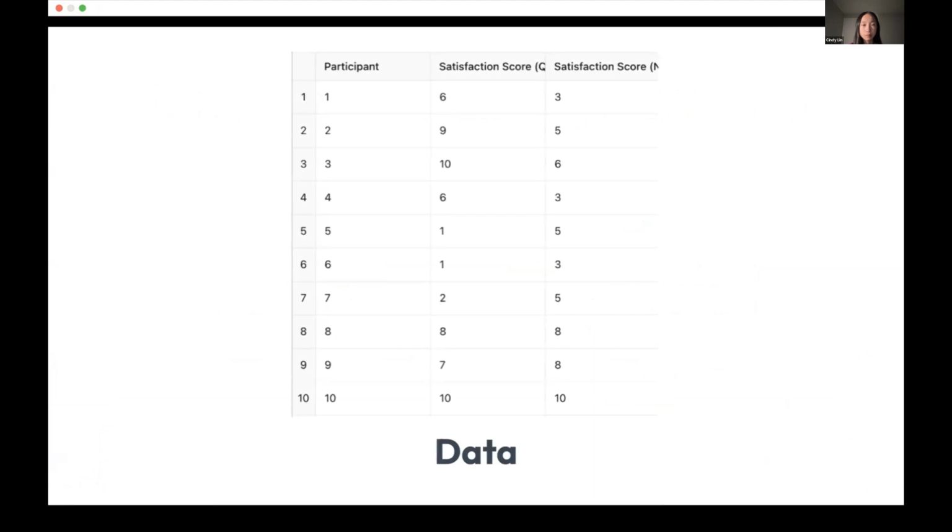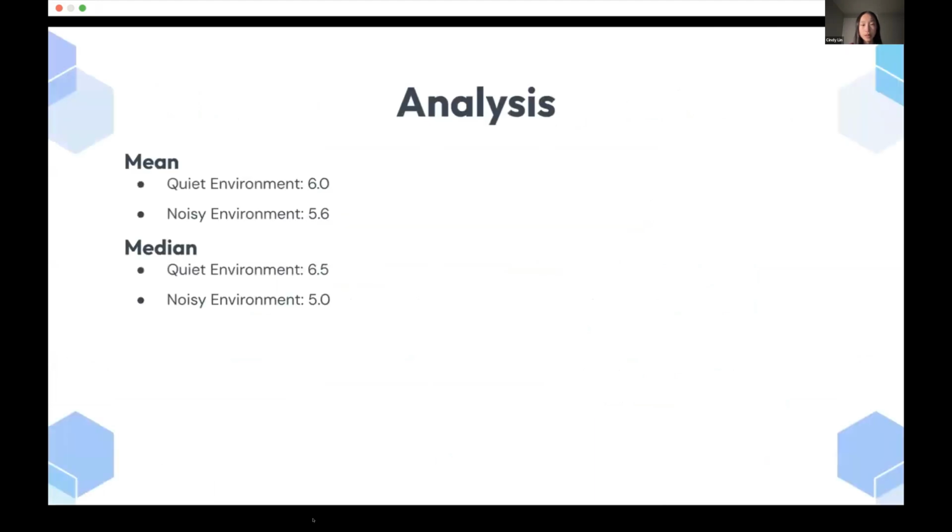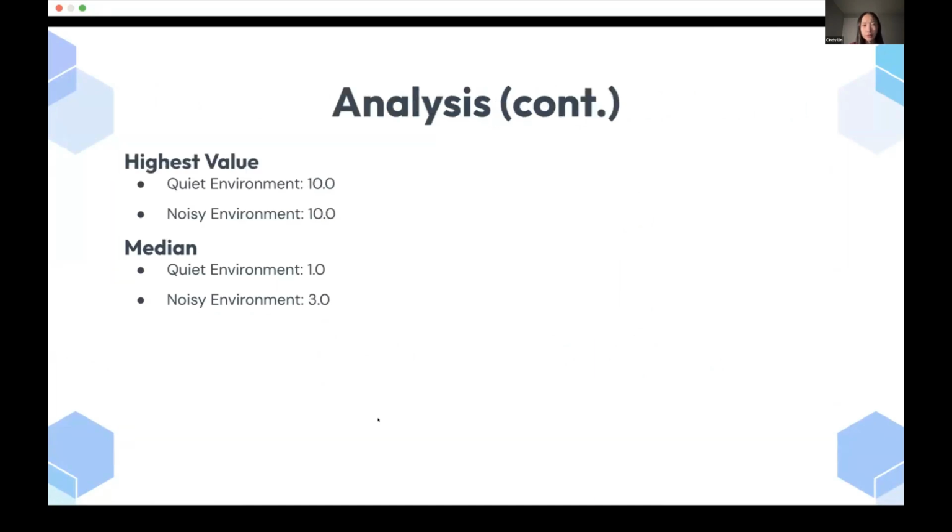And here's the data from that experiment. The mean was pretty much similar in terms of quiet and noisy, and the median also did not vary by much. So we conclude that the app is overall helpful, and users found it to be satisfactory, regardless of the environment used.